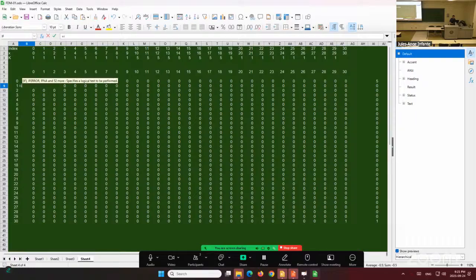So what we can say is if the index here, so we fix the row, okay. So we can say if this index with a fixed row is equal to this index with fixed column, then it's 1.